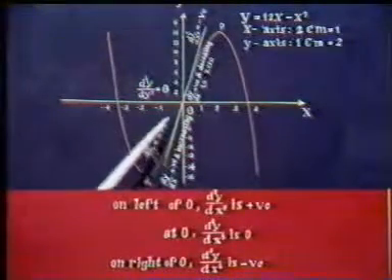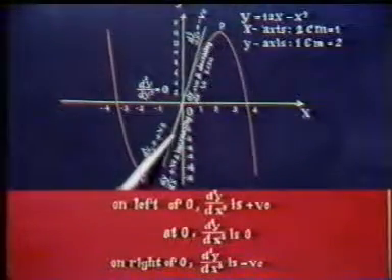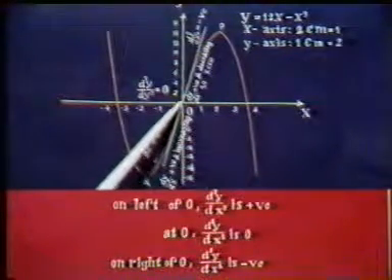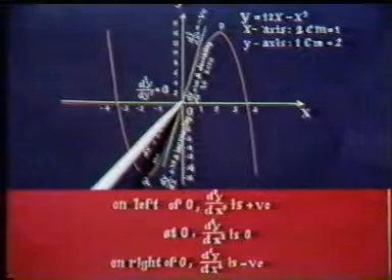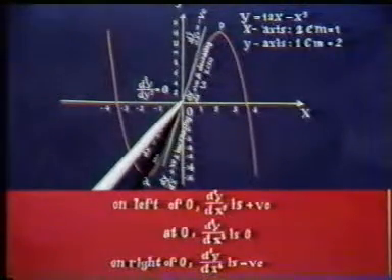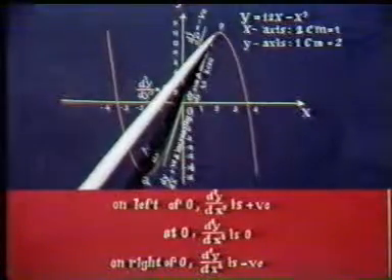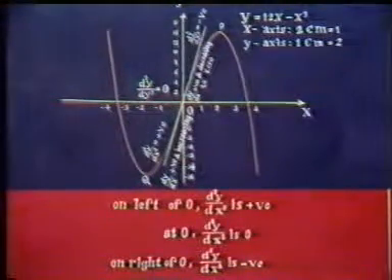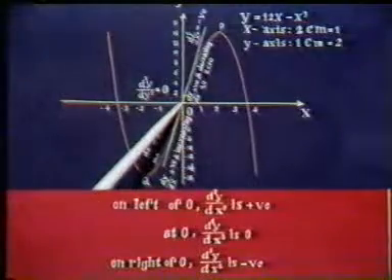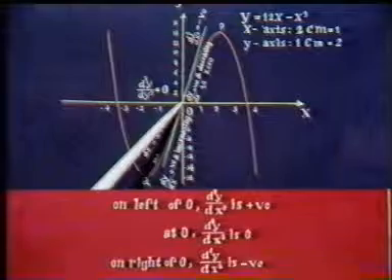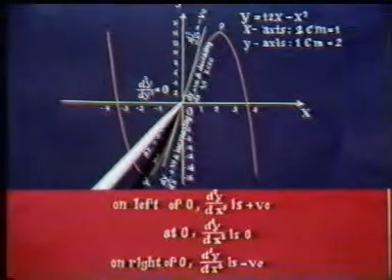Thus, on the left of the point O, d²y/dx² is positive. At O, d²y/dx² is 0. On right of O, d²y/dx² is negative. The point O is called point of inflection, where d²y/dx² is equal to 0.